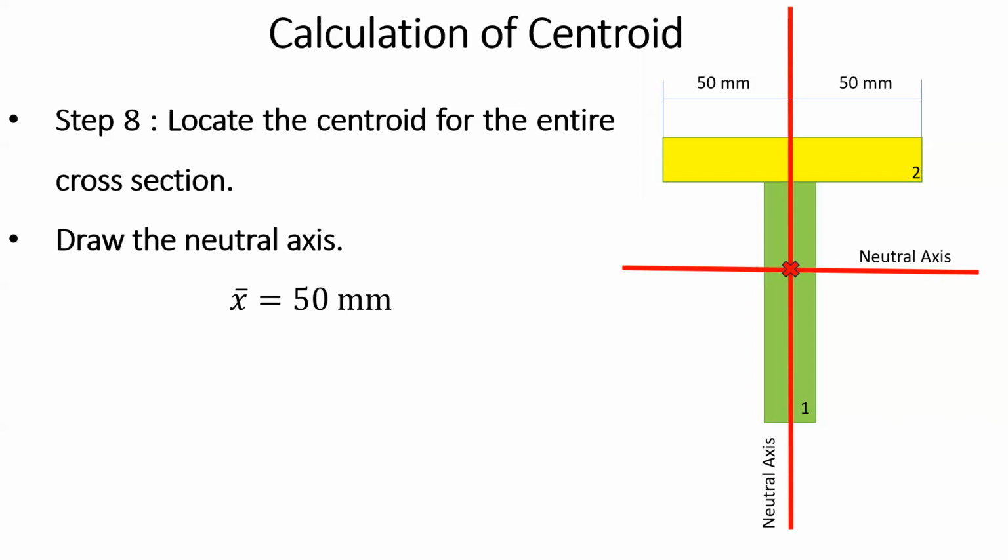Having found that x bar is equal to 50 and y bar is equal to 135 from the lowermost part, this diagram shows the centroid location from different parts of the cross section. So this is the location of the centroid for the entire T cross section.